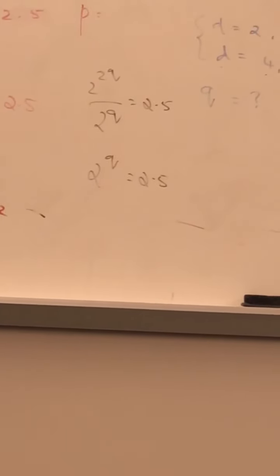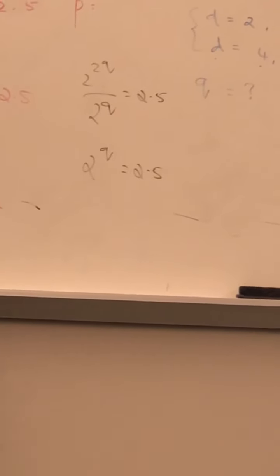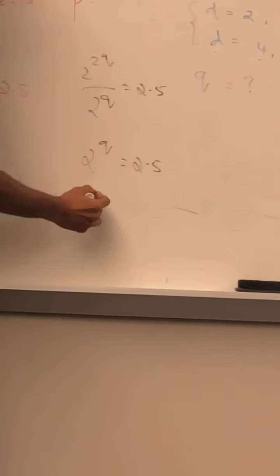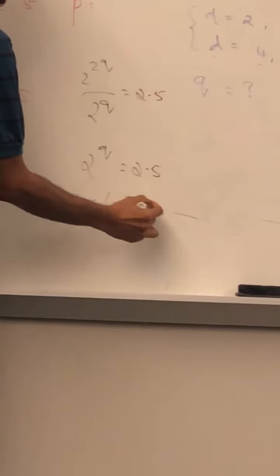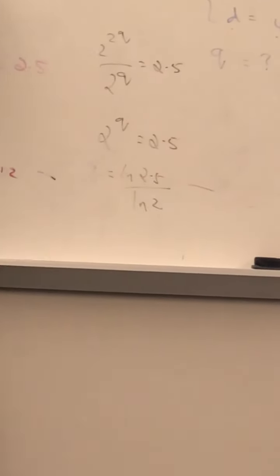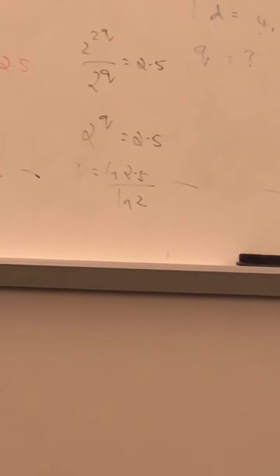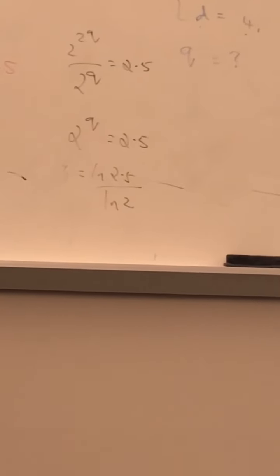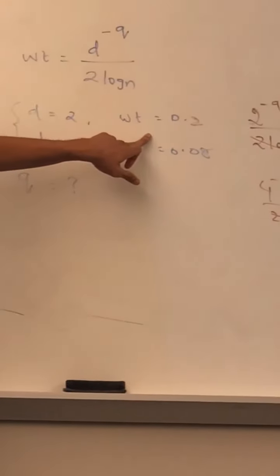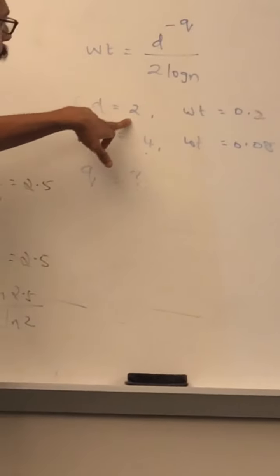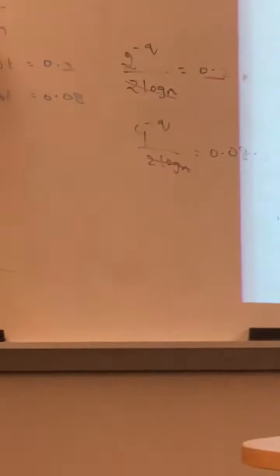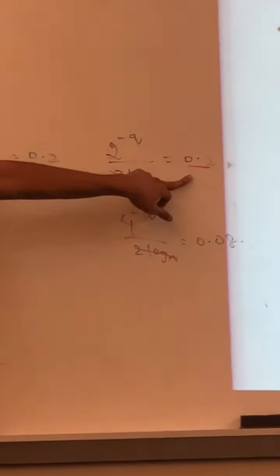How would you solve for q? If you have something like this, q is log 2.5 divided by log 2. Okay, so again, how do I get this? You are given the distance and the corresponding weight, so substitute for them here. If the distance is 2, 2 to the power negative q divided by 2 log n is the weight 0.2 that is given.